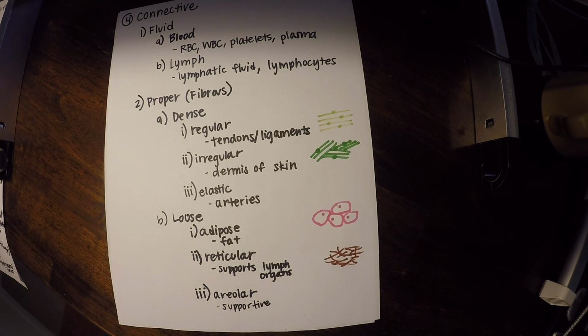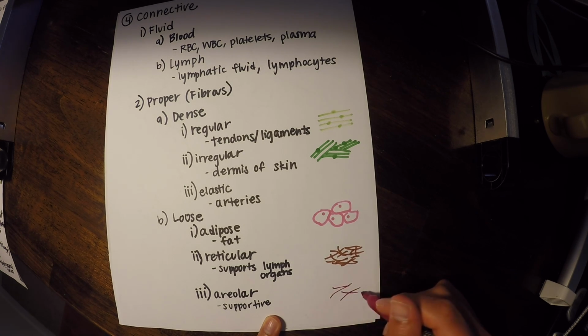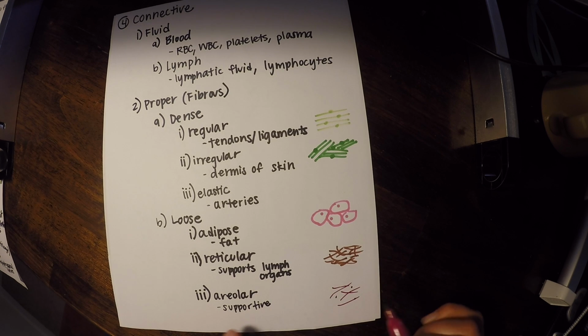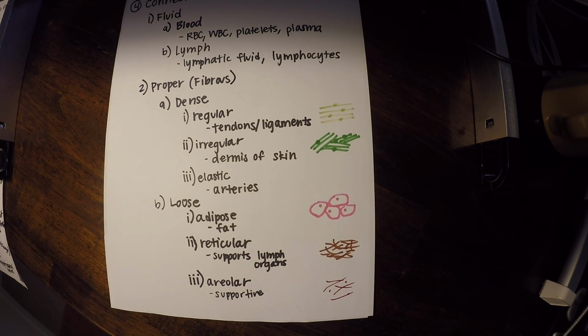And areolar is going to be similar, but it's just going to be less dense. So it's kind of going to look like that. It's just going to be less dense than the reticular tissue, but the same size, sort of like a randomized, disorganized orientation.